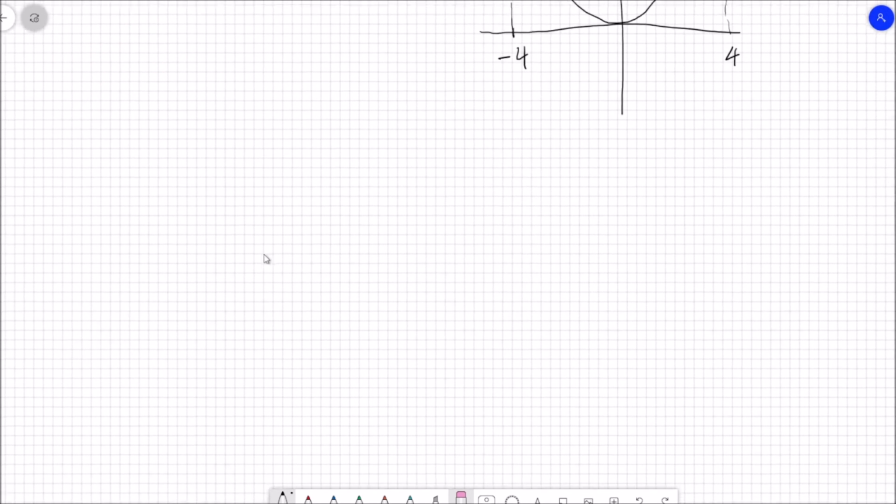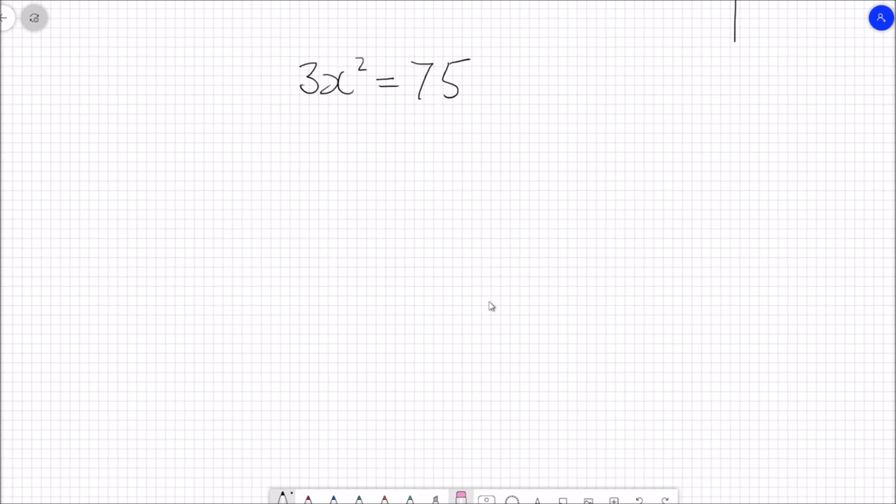Okay, let's try another one. What about 3x squared = 72? Actually, sorry, 75. It's exactly the same. We'll do it algebraically first. Do you remember the order of operations for x? It's x squared, then multiplied by 3. So if we want to reverse operations, we have to go from the outside in, so we divide everything by 3 first.